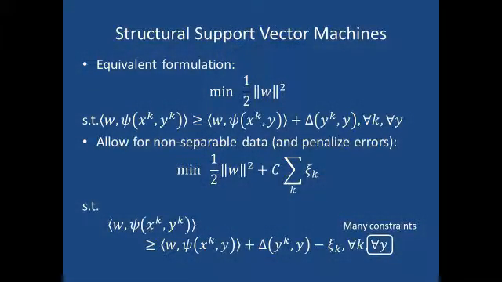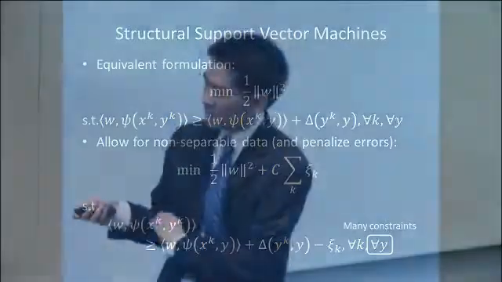So one thing to keep in mind is that if you look at these constraints, there's actually a large number of constraints. I said Y could be this large space of possible parse trees or words in a dictionary. And we're saying that we have to have one of these constraints for every possible Y. And so if you want to solve this in a computationally tractable manner when Y is large, you'll need some sort of separation oracle.